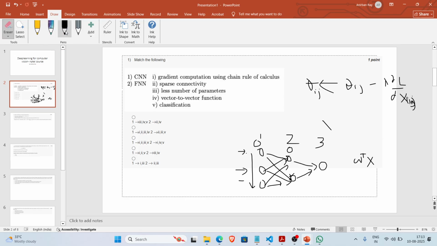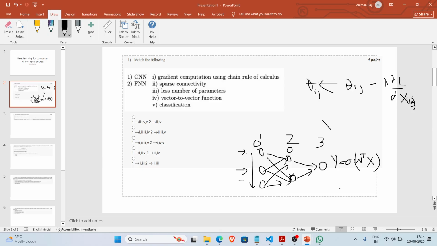Now this is the linear part, so you have to add this sigmoid non-linearity to get the answer. Now this output becomes the input for the second layer, and then you do that again to get the final output. So this is how it is.